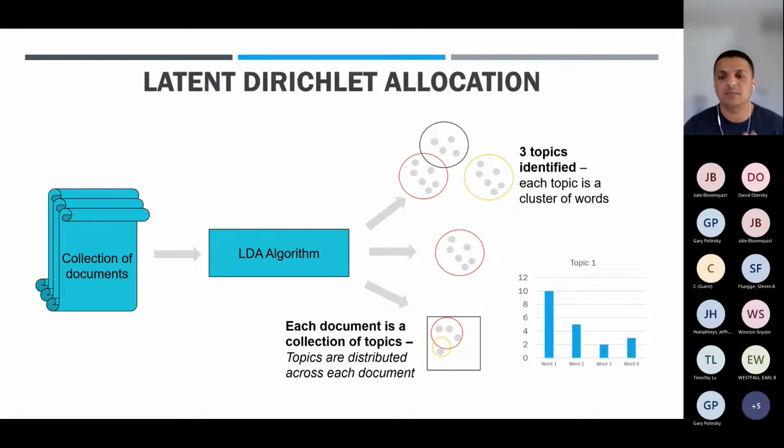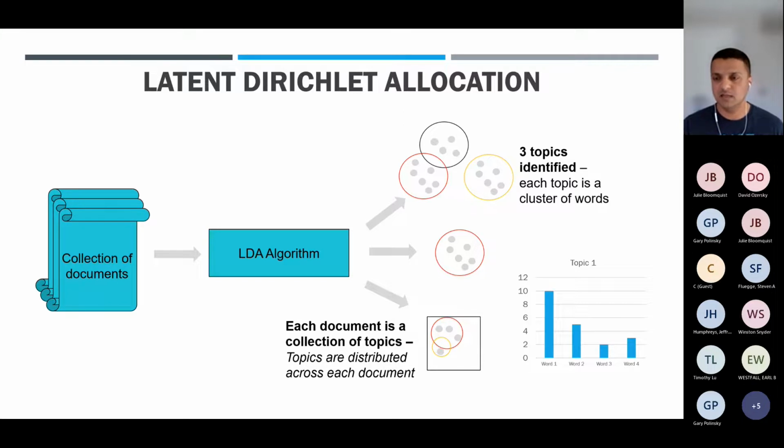But once it has done its magic, it will figure out that the collection of documents is basically a collation of topics. The document has 10, 5, whatever number of topics, and these topics have a certain distribution across the various documents. So each document is a collection of topics.